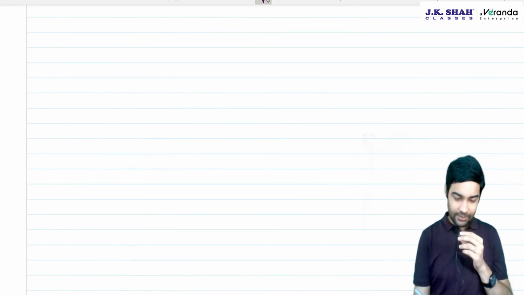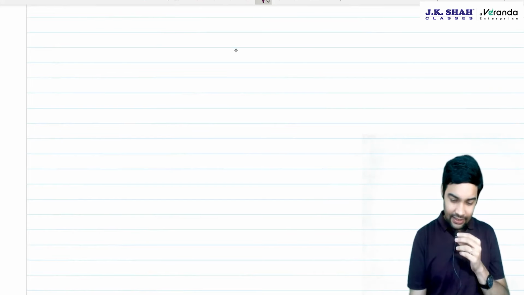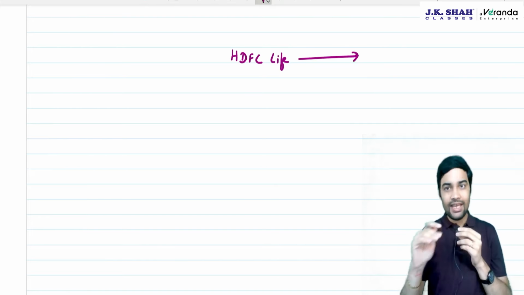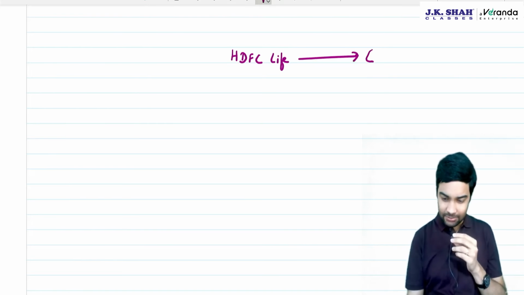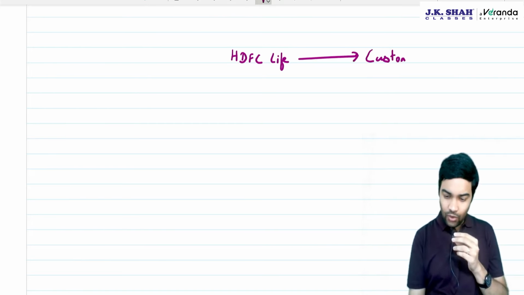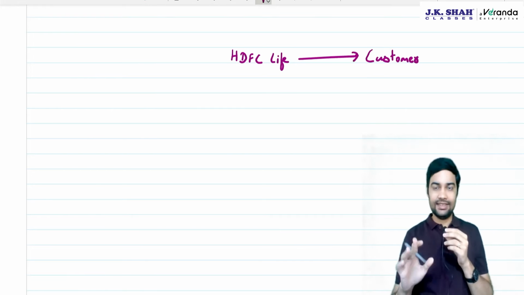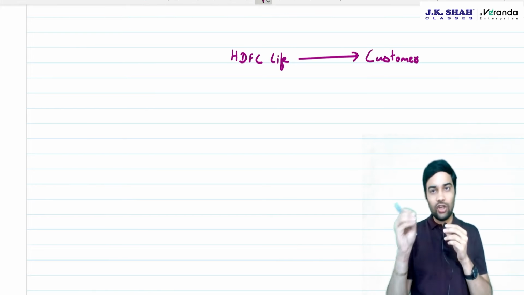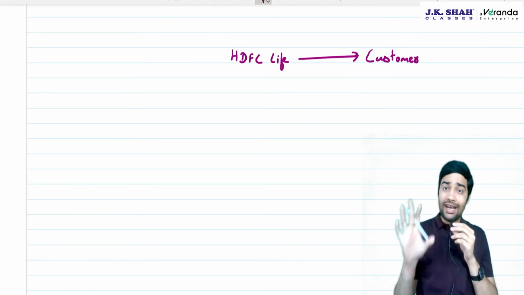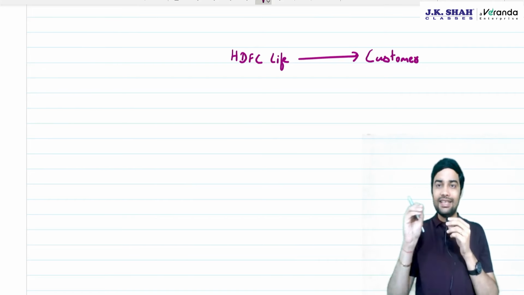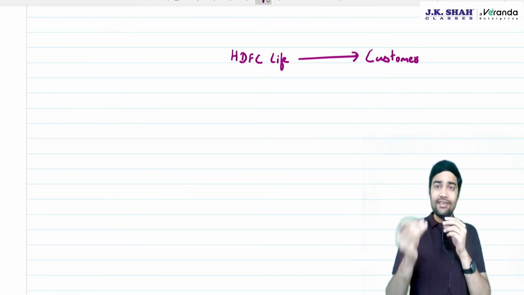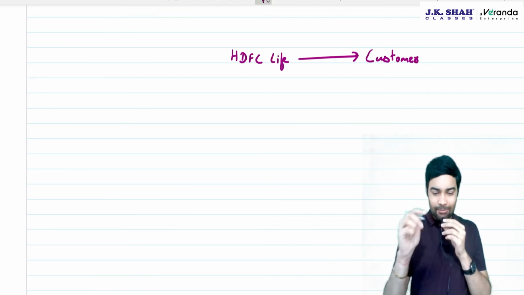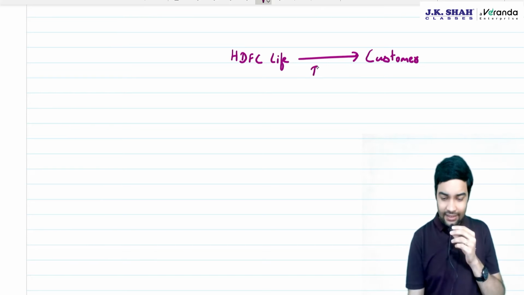Now see this carefully. We'll take an example of HDFC Life. HDFC Life is providing service to customer. Now what happens in co-insurance is there are two insurance companies who have agreed with a predetermined condition that there will be a sharing of premium because what is collected from the customers?